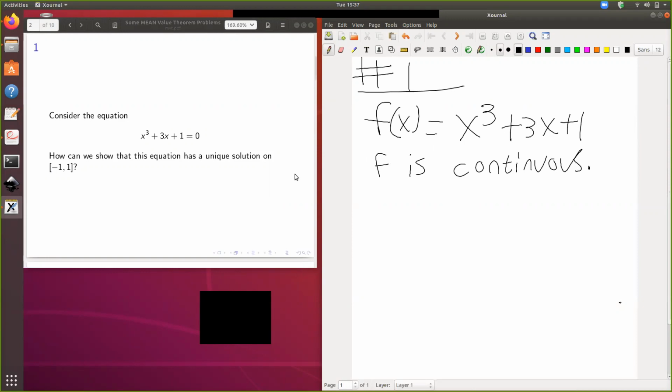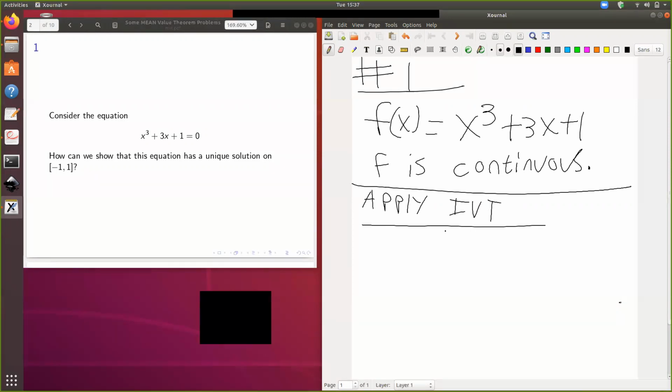All right, so what do we do with this information? We're going to apply the intermediate value theorem. What does that mean? That means that on the interval from here to here, the function will take on all the values as it goes from one point to the next.